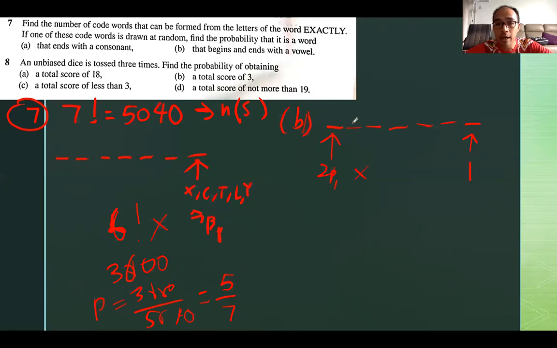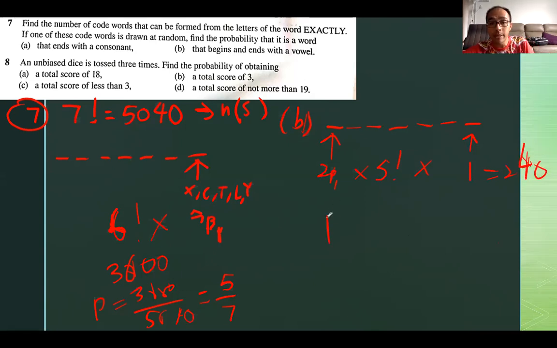Times how many letters are there left? 5. And you want to permutate all because kita mau pilih-pilih. So 5 factorial. The number of ways for this to happen will be 5 factorial times 2P1, which is 240. 240 ways.